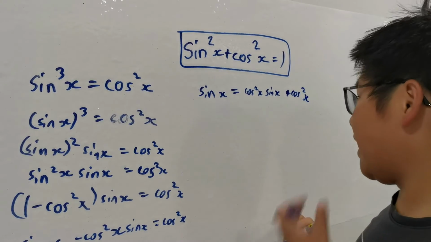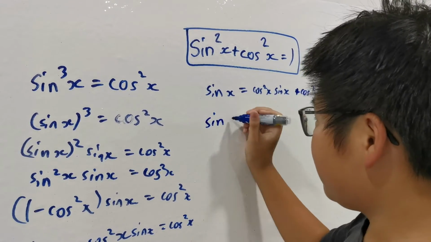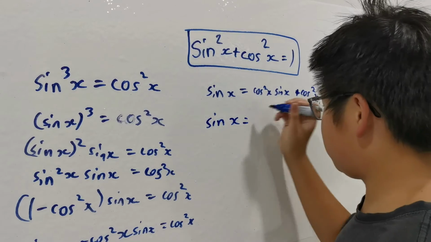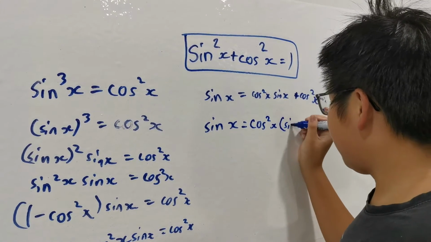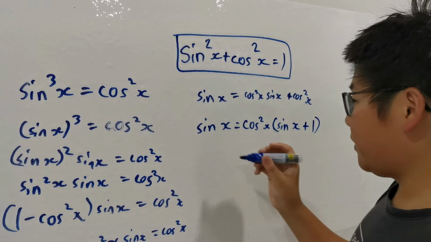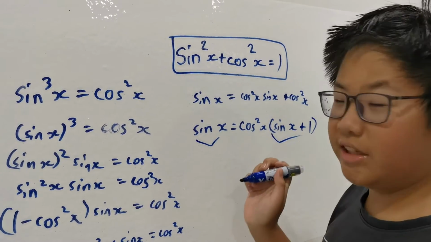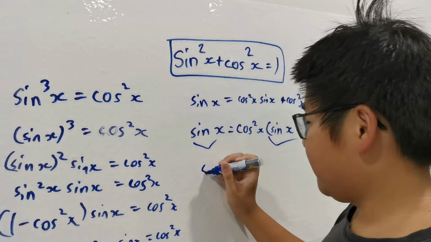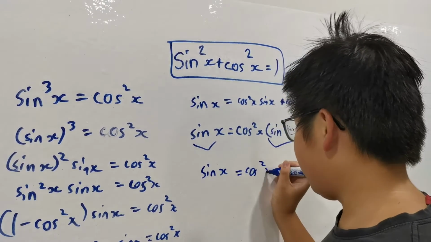The reason we make sine squared x a subject is that we can easily factorize this expression into cos squared x times (sine x plus 1). We can immediately see that sine x can never be equal to sine x plus 1. So that leaves us with the property that sine x equals cos squared x.